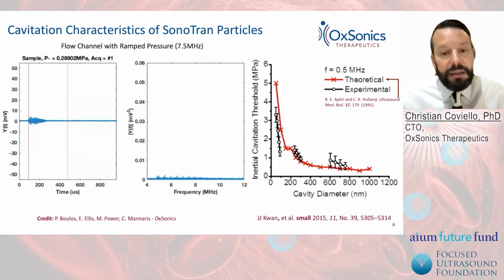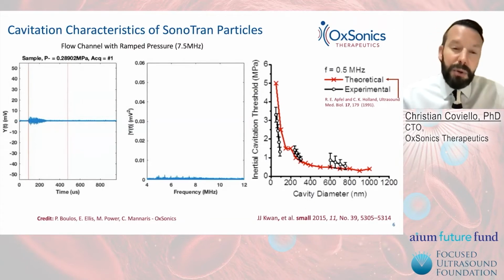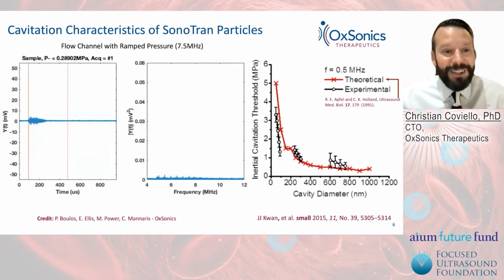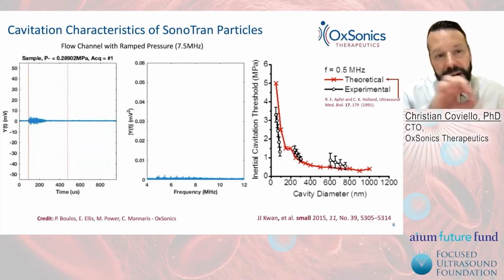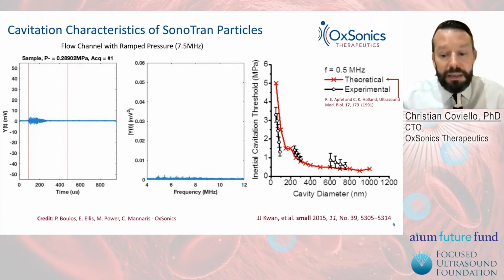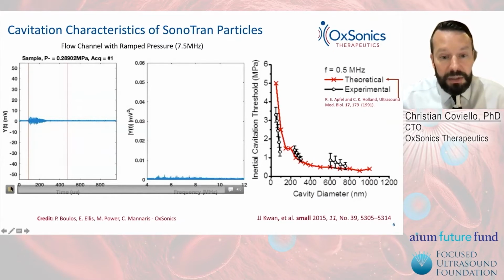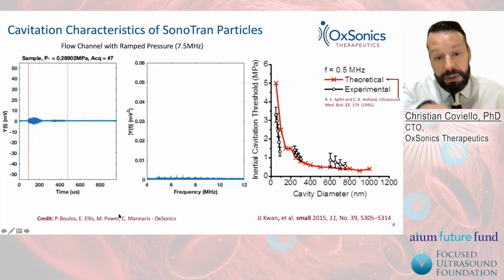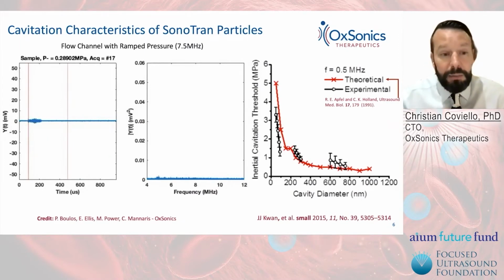But at least in the case when we look at this under flow conditions, which are somewhat biologically relevant, this is in a very narrow flow channel where we're increasing the sonication pressure to cause cavitation from the particles, and we're listening from a separate PCD at 7.5 megahertz. What we initially see at very low levels of sonication pressure, in the frequency spectrum, we see some small harmonics.